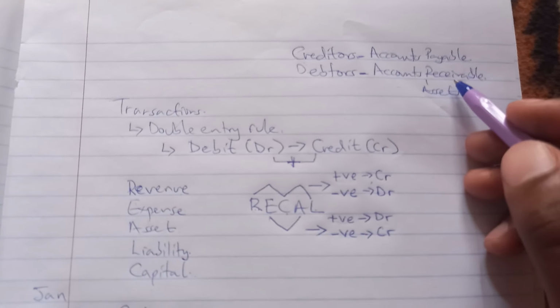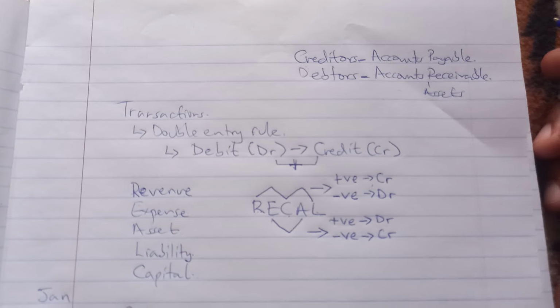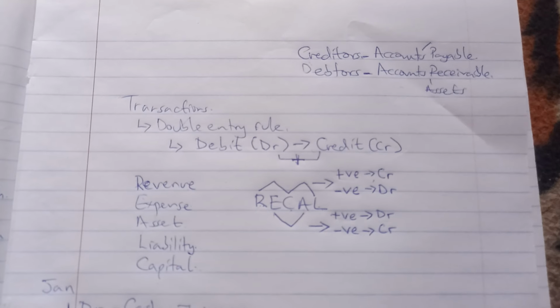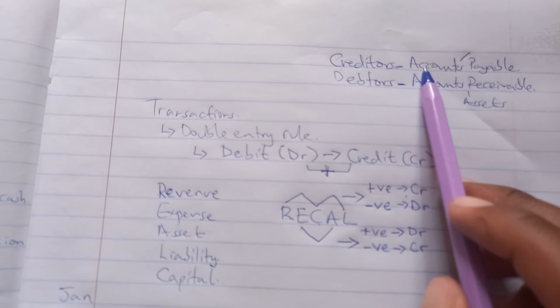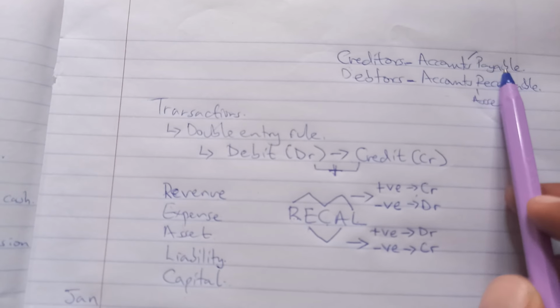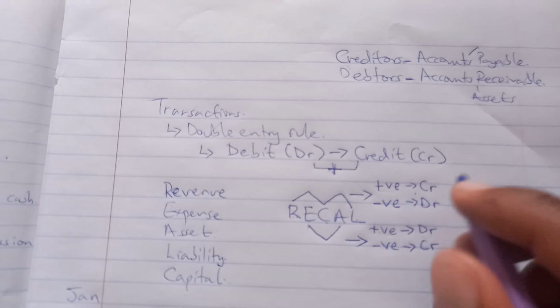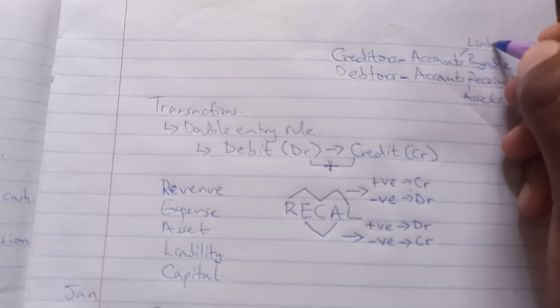The vice versa is true. The opposite of assets is liabilities. So liability is an obligation. Accounts payable is an obligation that we need to pay these people, creditors. So this one is a liability.